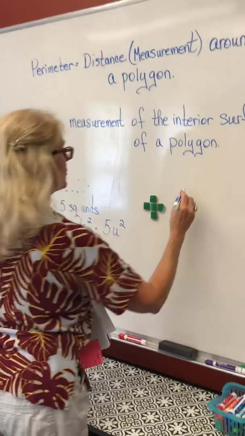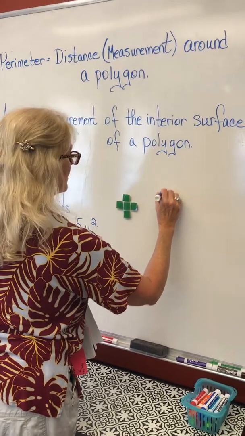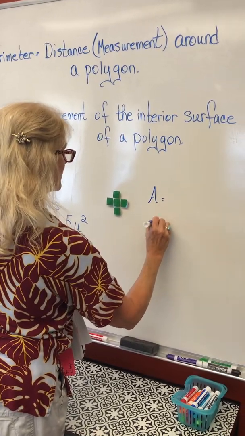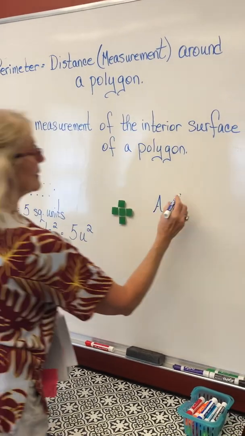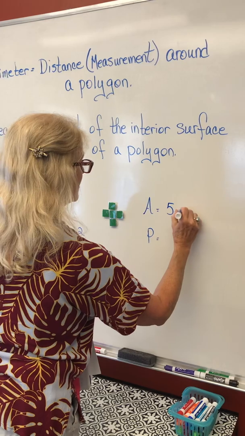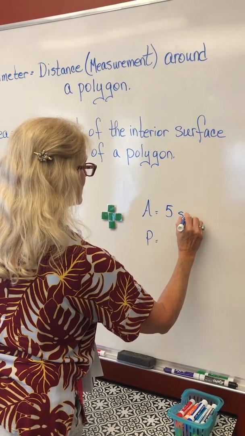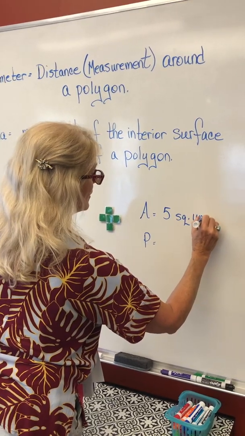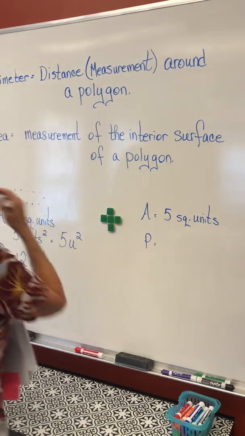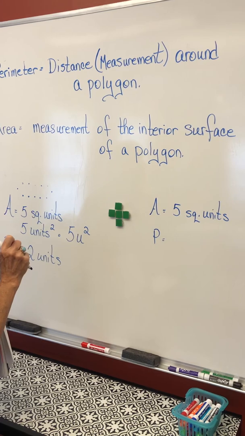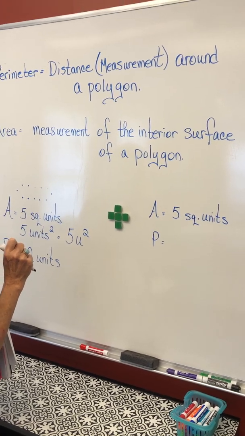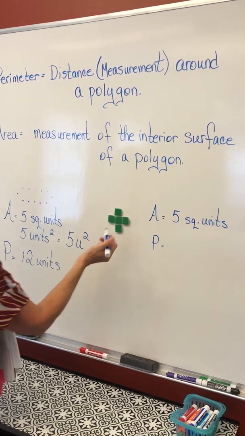All right, now I want to find the area and the perimeter. Well, what's my area? 1, 2, 3, 4, 5. That will stay the same for all of these pieces when you're working with them. Let's say you're going to be working with the pentominoes. But let's look at the perimeter, because that's going to be different.